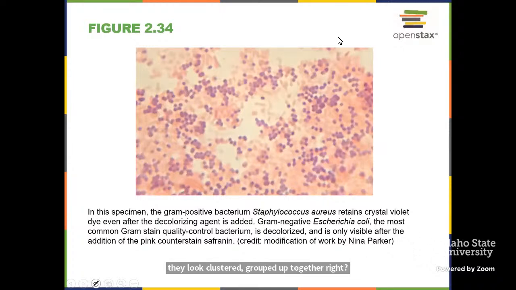Here's a pretty good image of some clustering. There's a few that look sort of just paired up. We might call that diplococci, but when you get the bigger picture of it all, it looks to me more clustered than anything else. The more fuzzy, background-looking stuff is more pink.